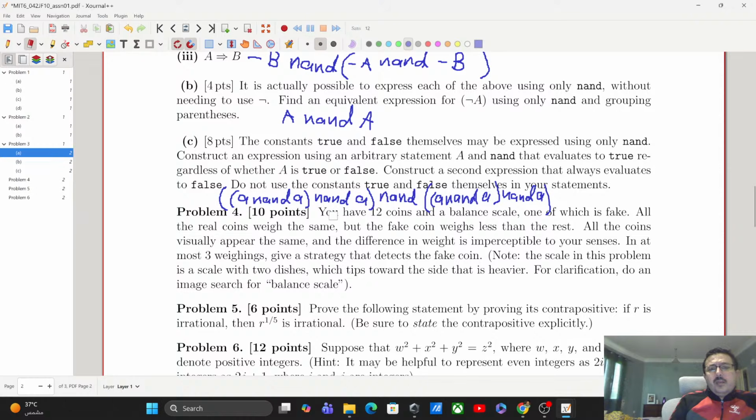So this is A NAND A is always true, and NAND A is always false.